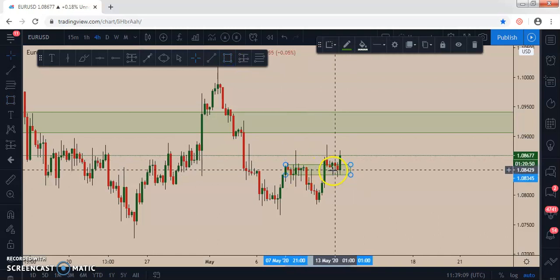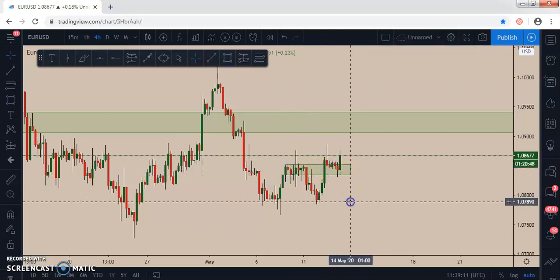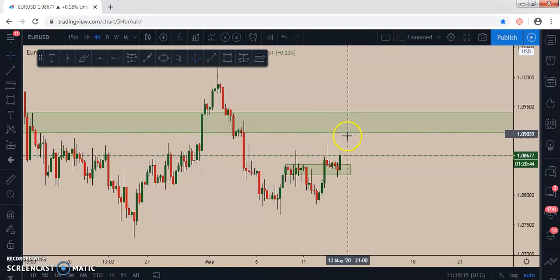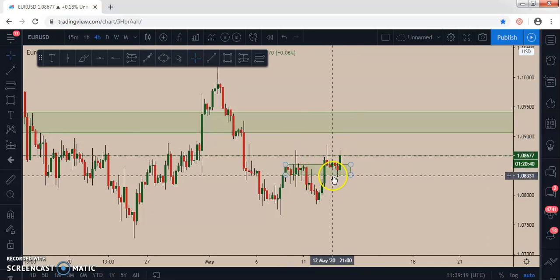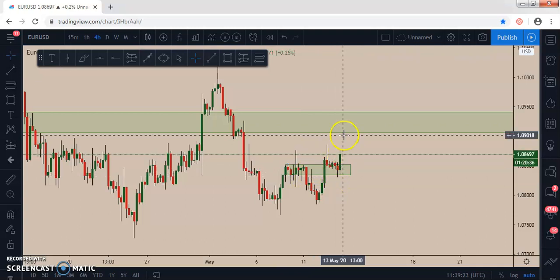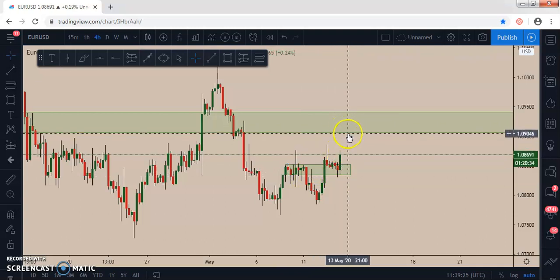Now, this is a structure level that will hold this pair if you enter this pair from here. Now, this is the structure level that your take profit will battle with, because definitely if it's coming down, this area must push it to the upside, so your take profit is going to battle with some structures. So we are not only going to be monitoring the price to get here for us to short. Once the price gets here, we are going to be waiting for one of our entry routes to be satisfied.